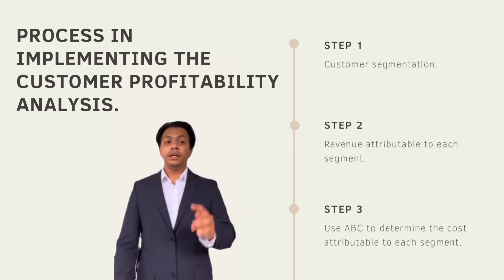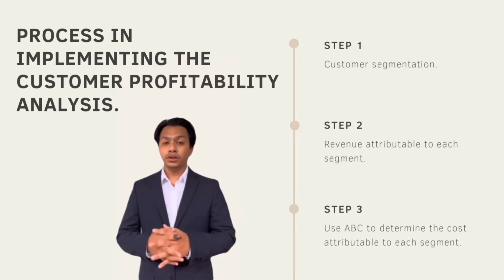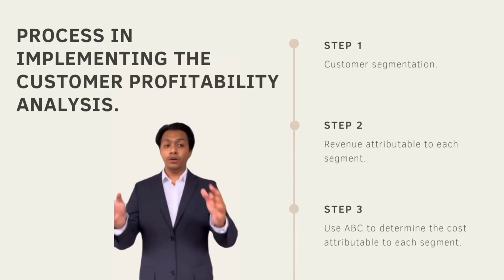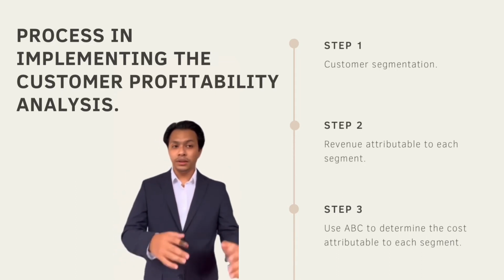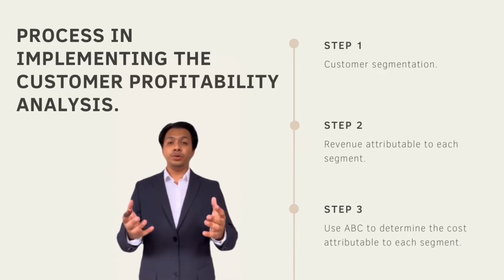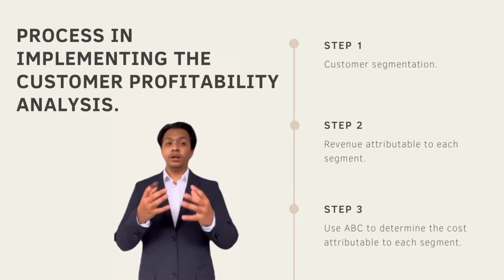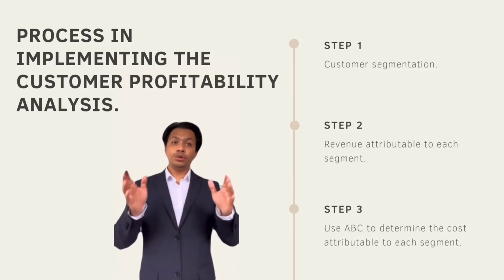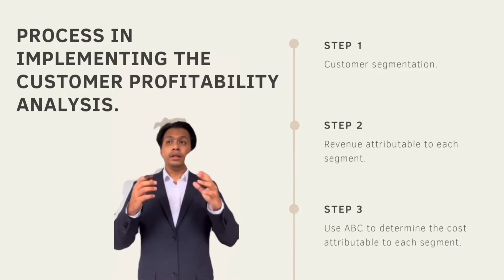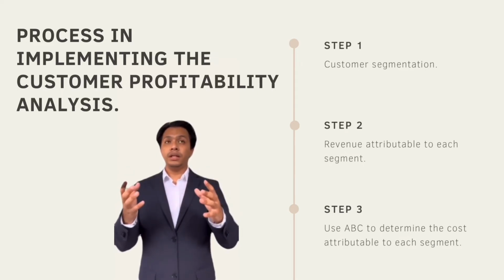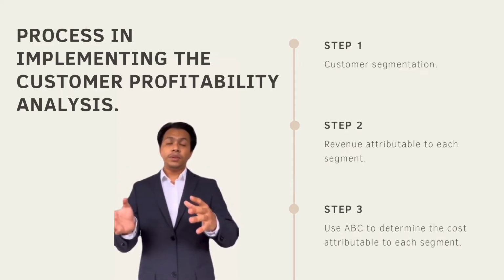Step 3 is to use the activity-based cost approach to determine and allocate all types of costs to each segment. The ABC approach is an effective way to allocate all types of costs to the customers. The company will calculate annual cost per segment.